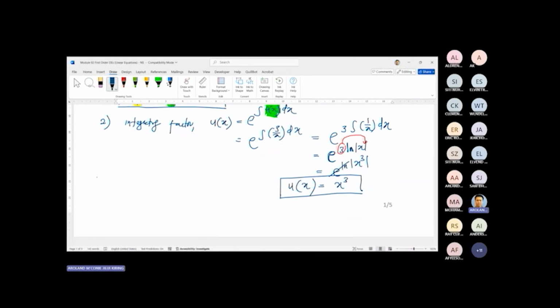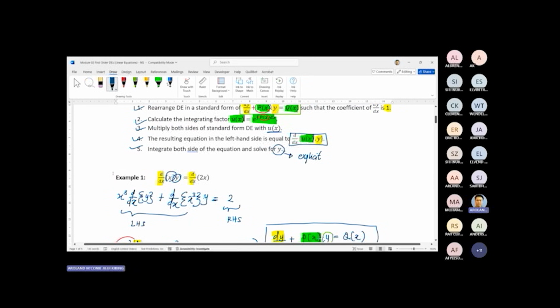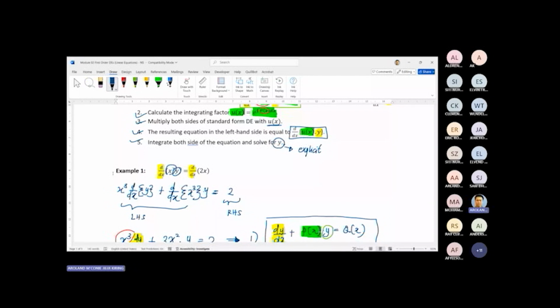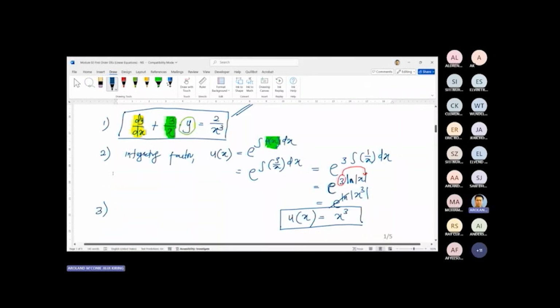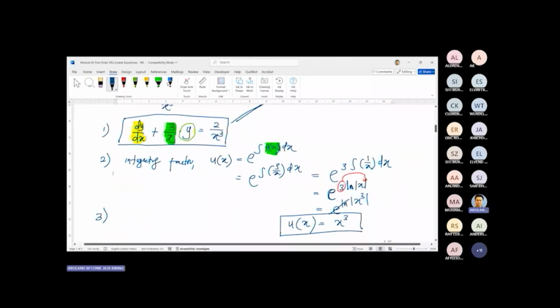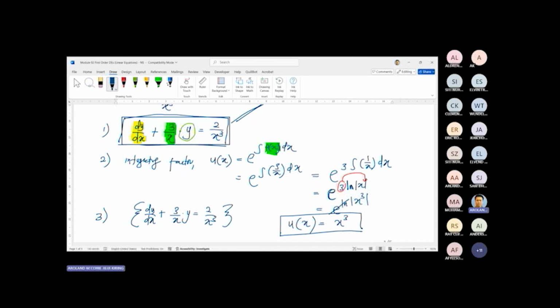The third step is we multiply both sides of the standard form of the differential equation with the integrating factor. Which one is our standard form? The one that we have in our first step. So we take our standard form dy over dx plus, and we multiply everything with our integrating factor, which is x to the power of 3.